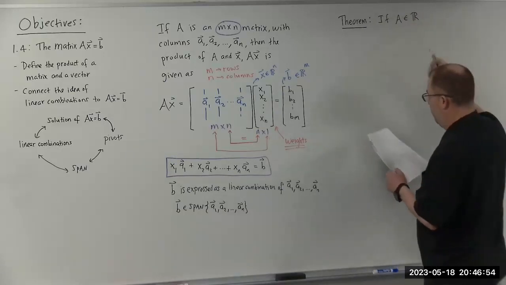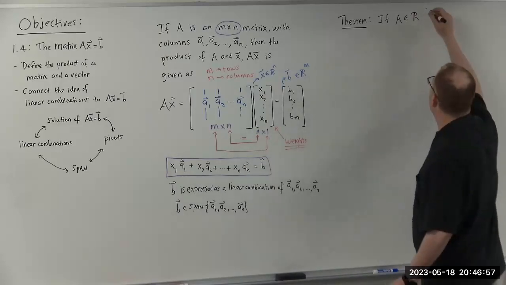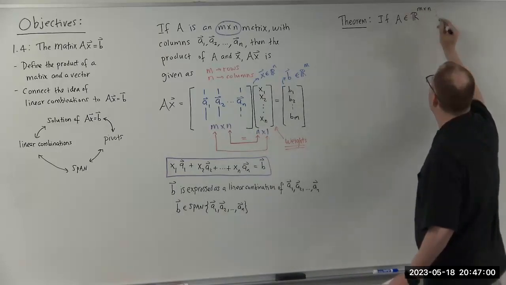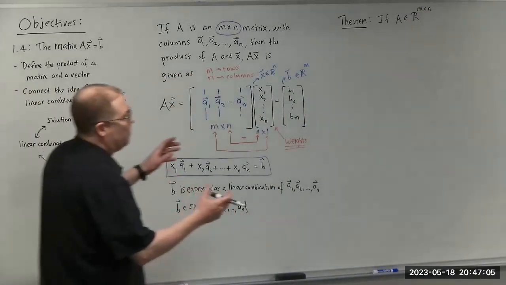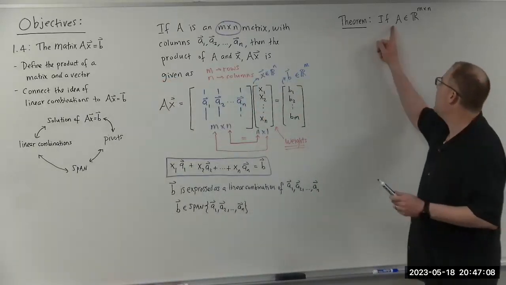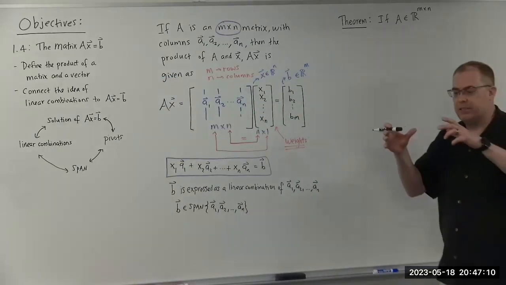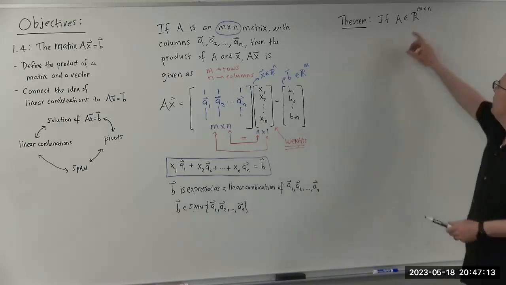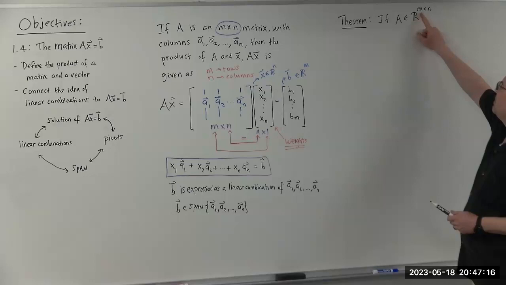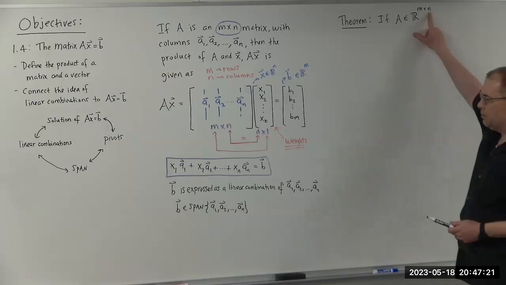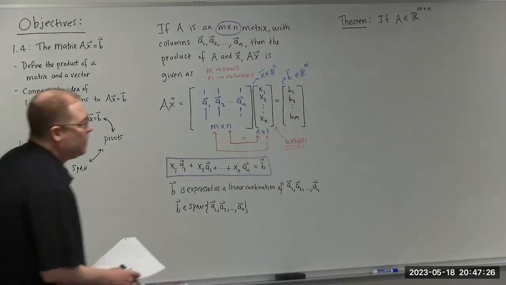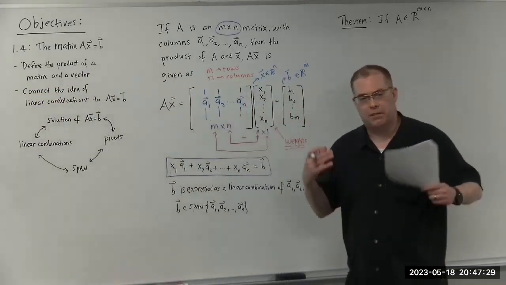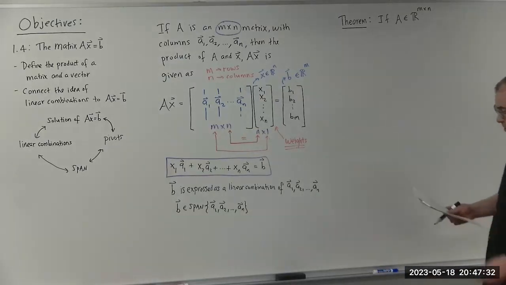If A belongs to, and make sure here we're working with an M by N, this notation just means that we're letting A be a matrix that consists of real value entries, and the size of that matrix is M by N. So the number of rows is M, the number of columns is N. That's all that notation really means. As you probably already know, in mathematics there's a lot of notation involved.